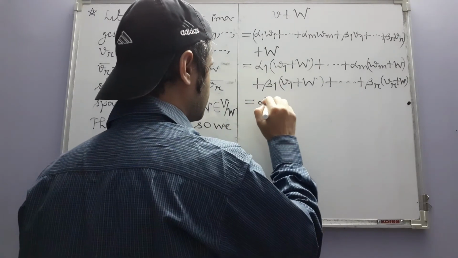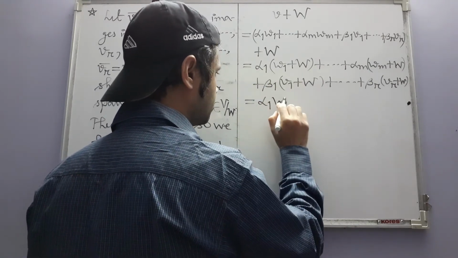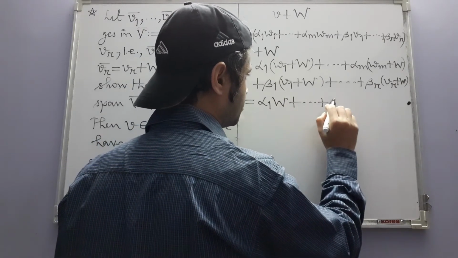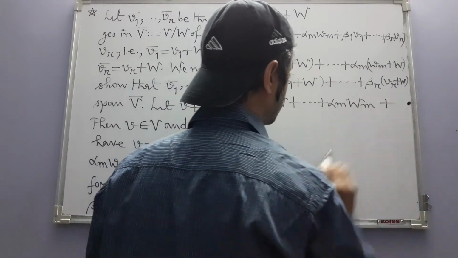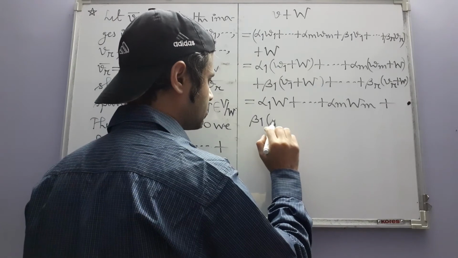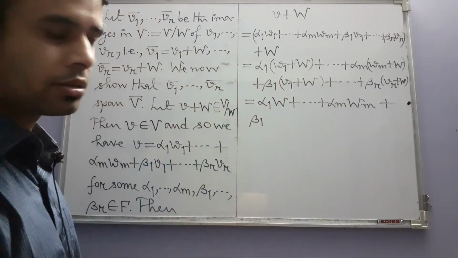Now note that this is equal to W. The next one is also equal to W. Why? This you can see is V1 bar.